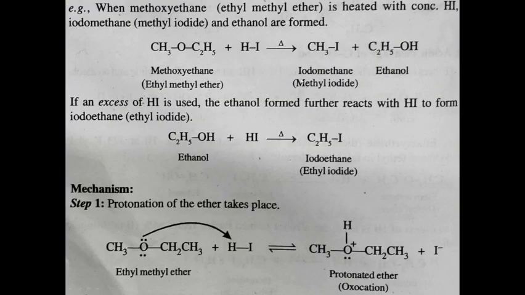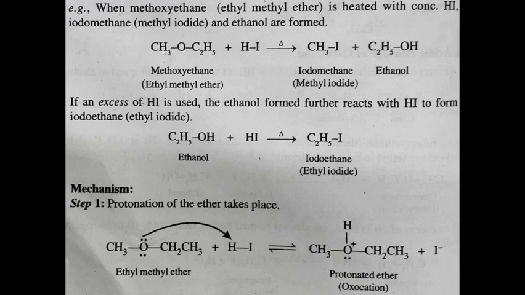Okay, so when we look at the reaction scheme, you can easily understand the point. When methoxymethane, or ethyl methyl ether for example, reacts with concentrated hydriodic acid, HI, and is heated, we get iodomethane. So here the least alkyl group gets cleaved.